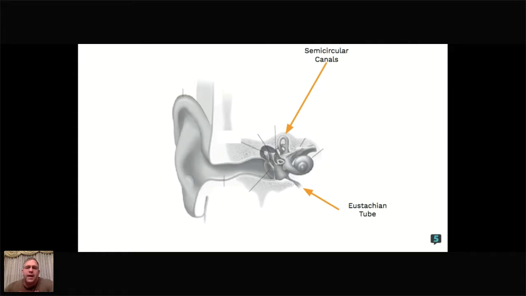This is also why sometimes when people have hearing difficulties or ear infections, they may have difficulty with balance, because what's happening in the ear might affect the semicircular canals. Let's put it this way: if a person turns and turns and turns and gets dizzy, why are they getting dizzy?